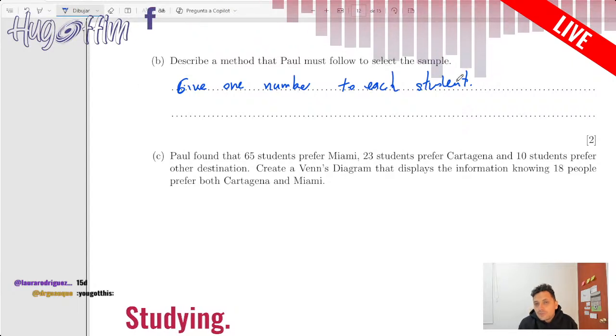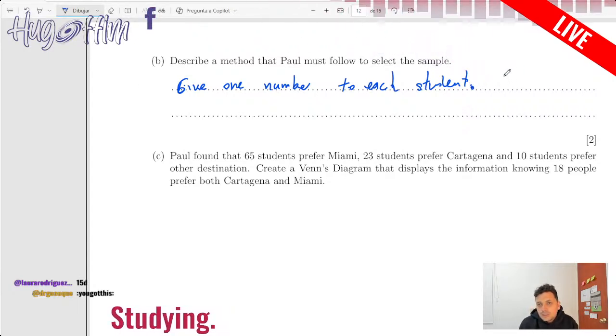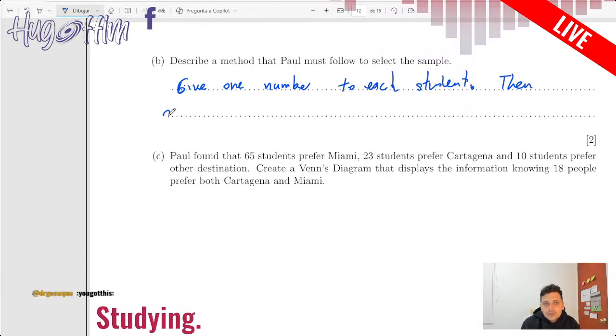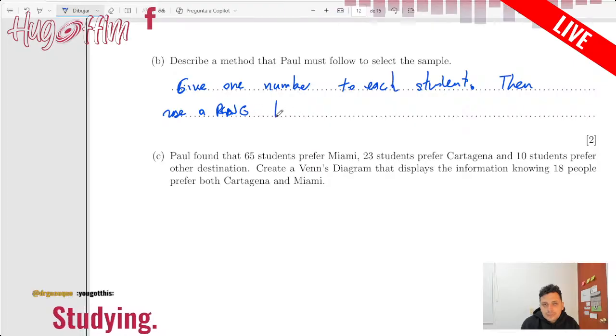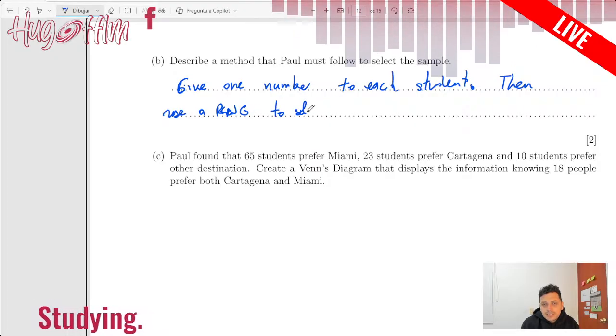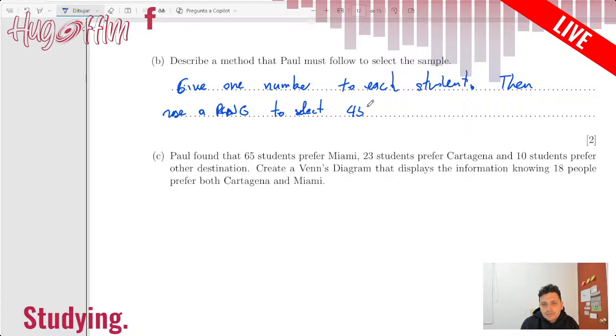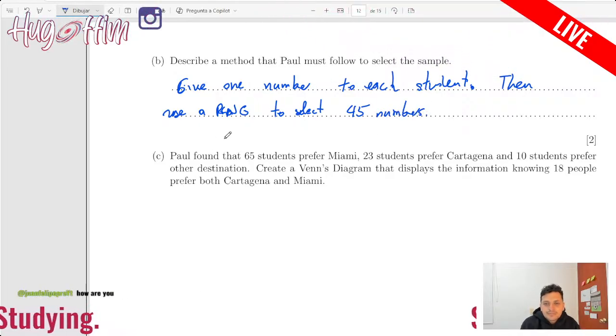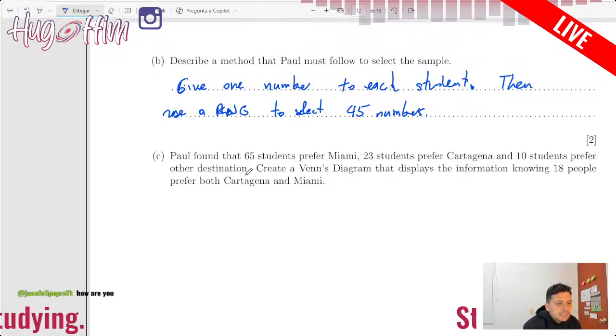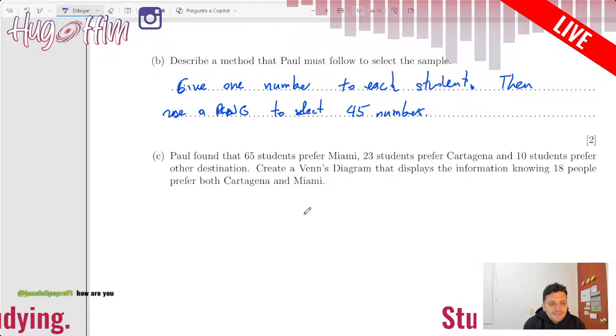Then use a random number generator to select 45 numbers. That could be a good way to select the sample. Okay? I'm doing fine.